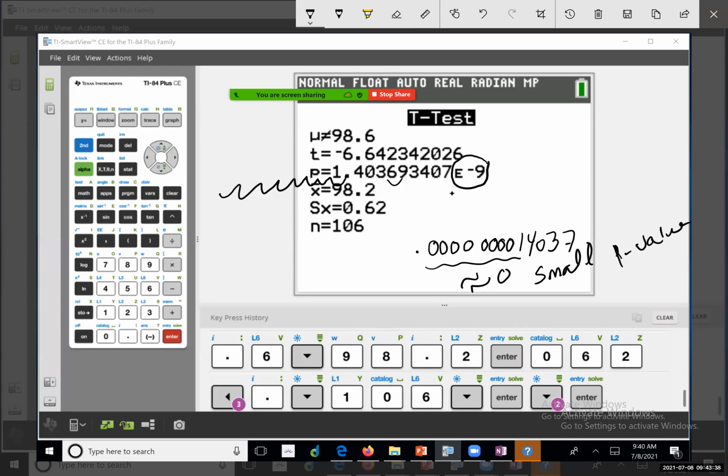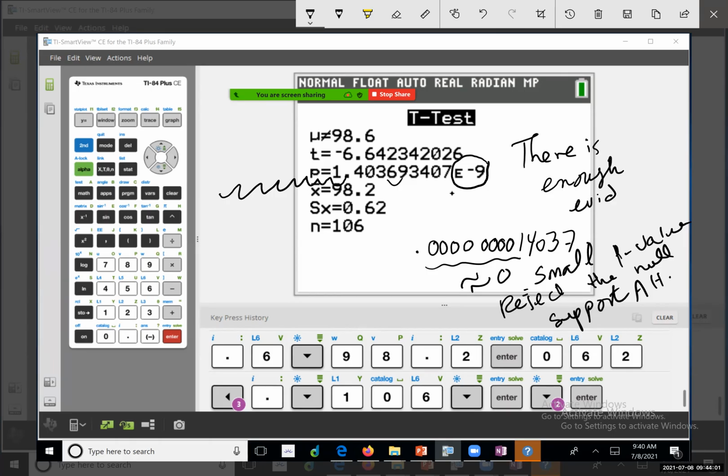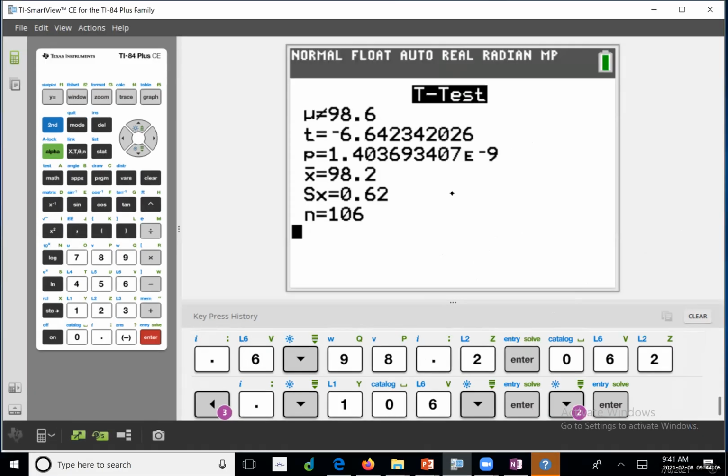So then you reject the null and you support the alternative. You would say there is enough evidence to warrant rejection of the null. Let me go to the wording of the book.